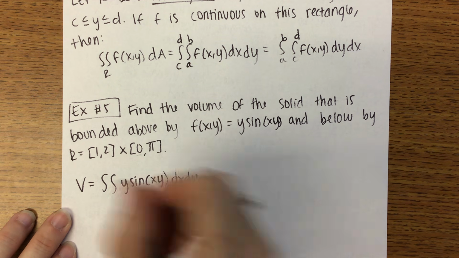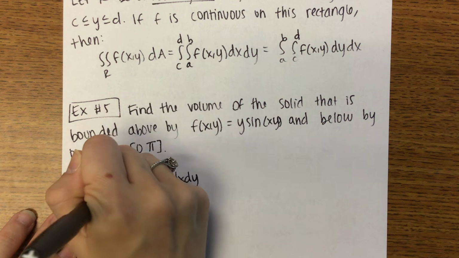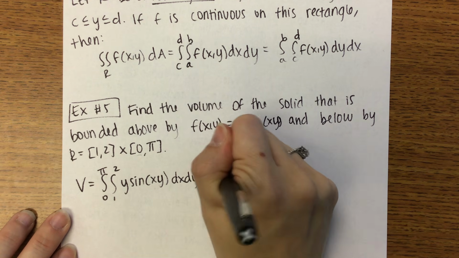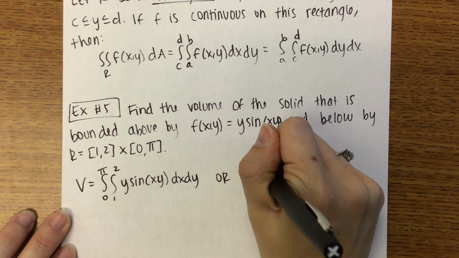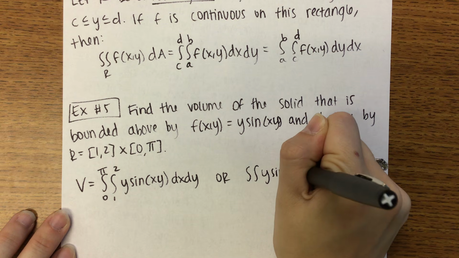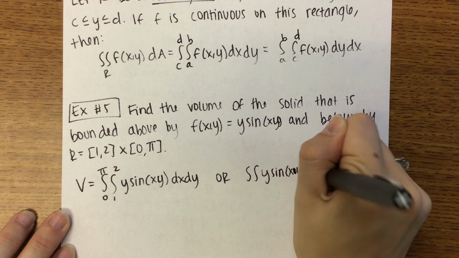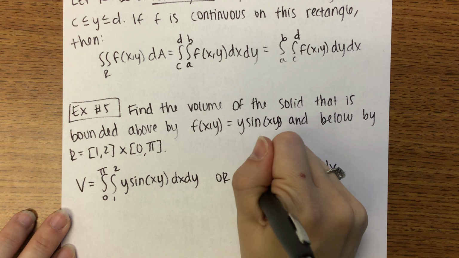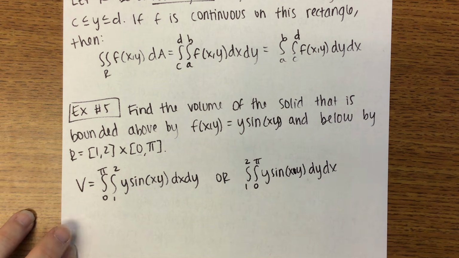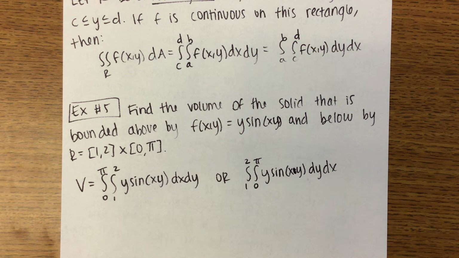X is between 1 and 2, y is between 0 and pi. That's one possible setup. Or we could have integrated with respect to y first. Either one is going to give us the same answer.